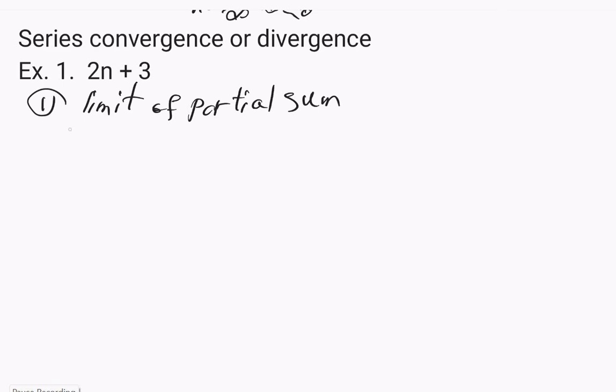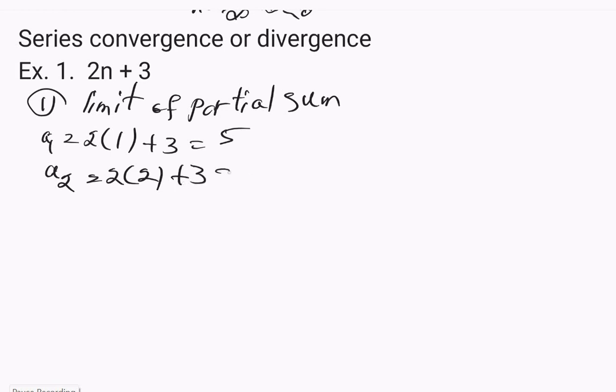Let's plug in some numbers. We have a sub n equals 2n plus 3. So a sub 1 equals 2 times 1 plus 3 equals 5. a sub 2 equals 2 times 2 plus 3 equals 7.